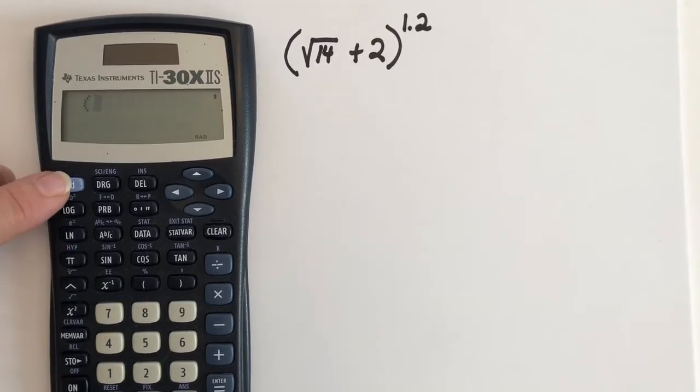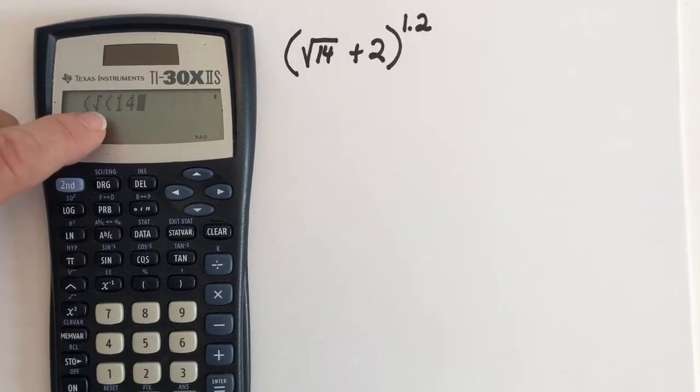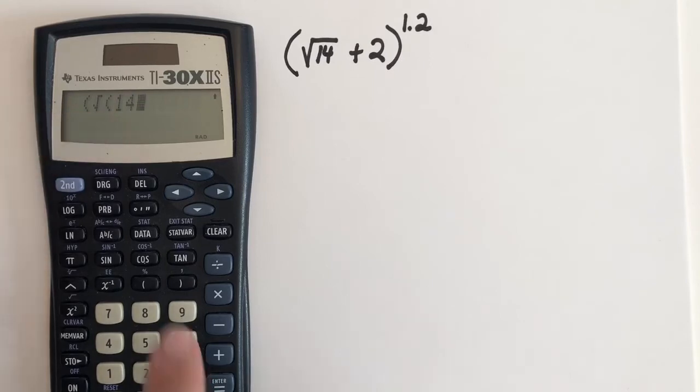I have to press the second to access the square root because it's above a button on my calculator, but you might not have to on yours, just depends on where the square root button is. So I'm taking the square root of 14. My calculator opens parentheses after a square root, so I have to close them. If your calculator does not open parentheses, then you don't have to worry about closing them.